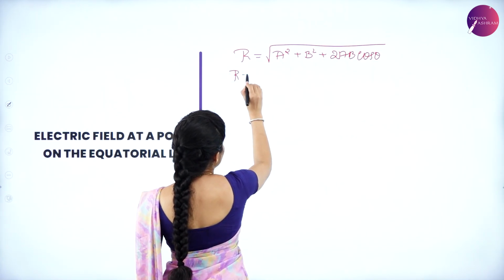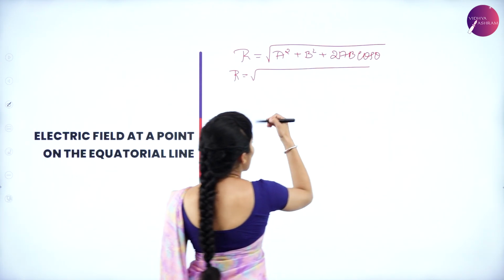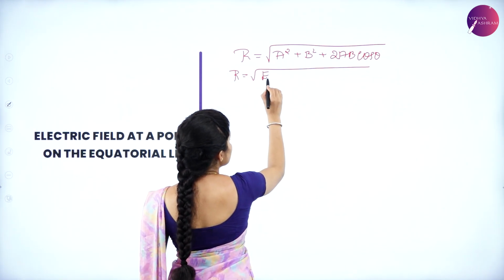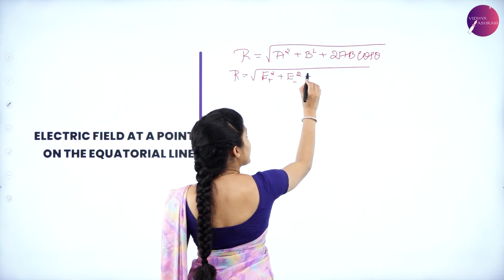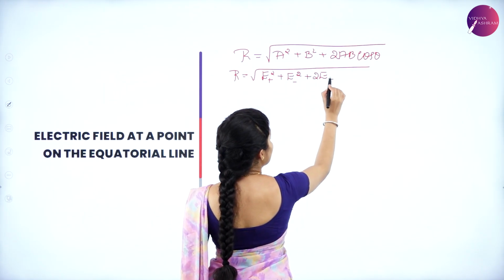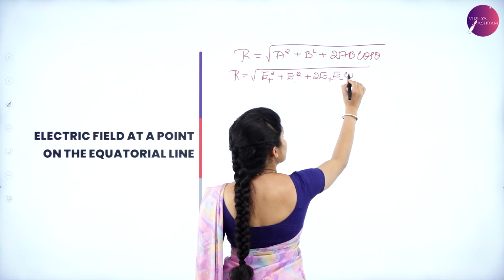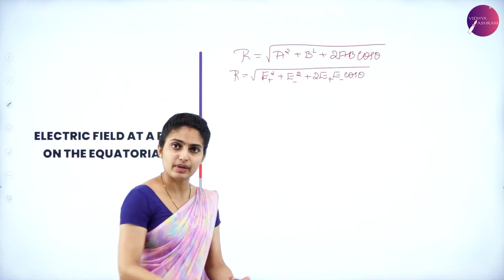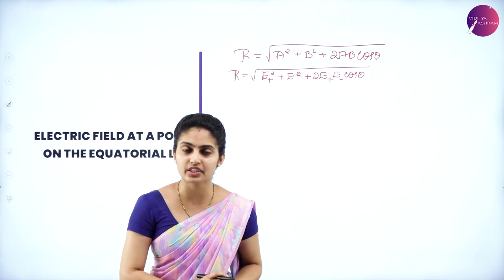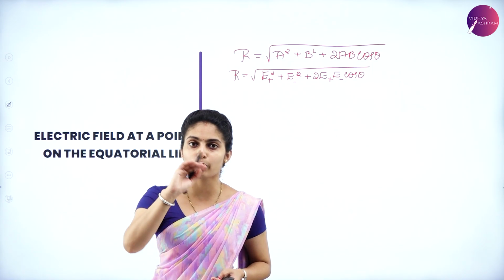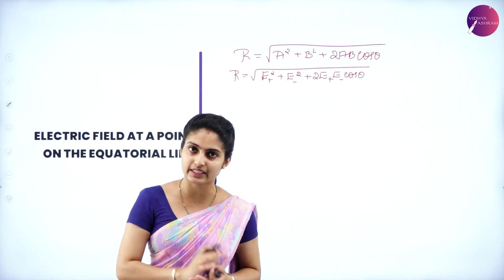So again I'll write R is equal to root of, what is A? E plus square plus E minus square plus 2 E plus E minus cos theta. A is E plus and B is E minus. As we have applied this mod condition, both are one and the same. So my E plus and E minus become E itself.